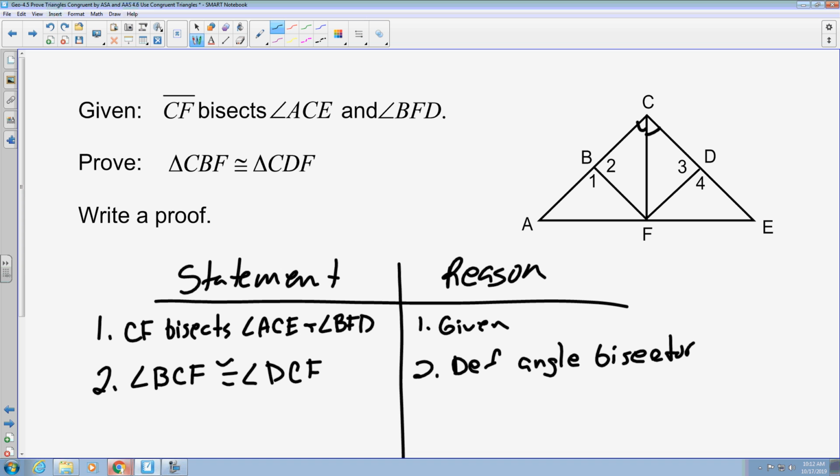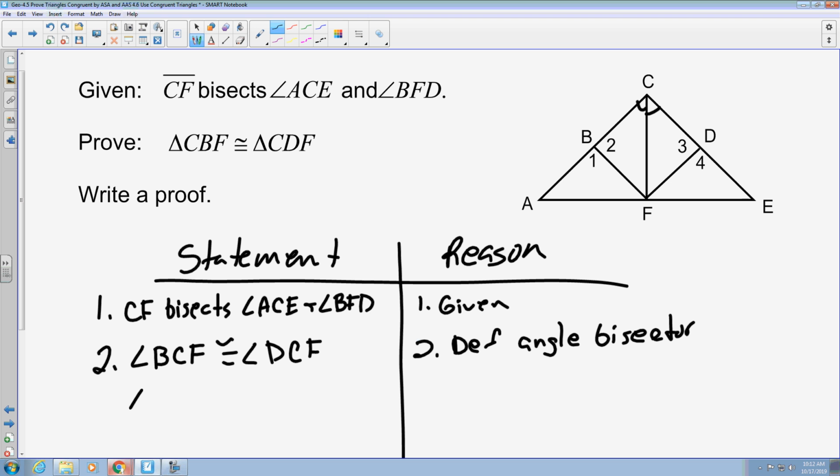And now that they added BFD to this, actually I can tag that angle BFC is also congruent to angle DFC by the same definition. So I just keep that in the same statement. So I can say that this is congruent and this is congruent.